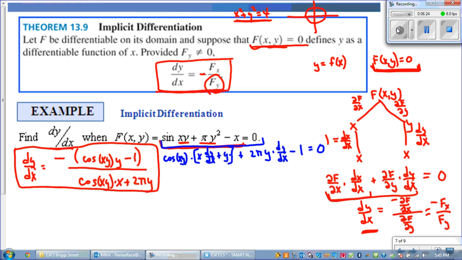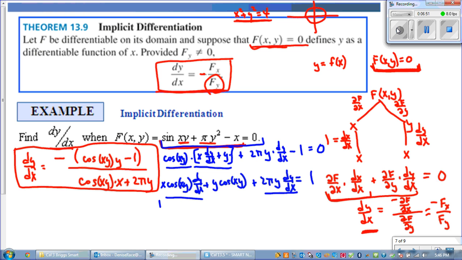Now we'd have to distribute the cosine of xy through those parentheses. So we'd have x cosine of xy dy/dx plus y cosine of xy. Then take dy/dx out of each of these two terms and move the other things to the other side.